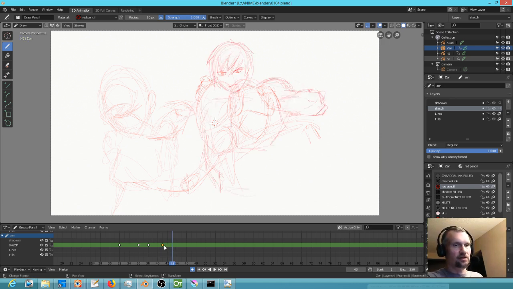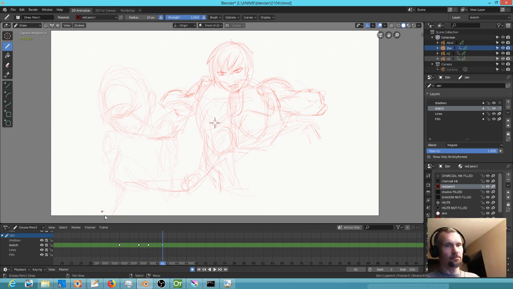If I don't want to create a new drawing, but I just want to modify the one I already had, then I should duplicate the other one by hitting Control D and then start drawing. And then what I've added just gets added to it, like so. So that's how you create a keyframe. So now going back to this frame, I want to get his indication of his arm in there.